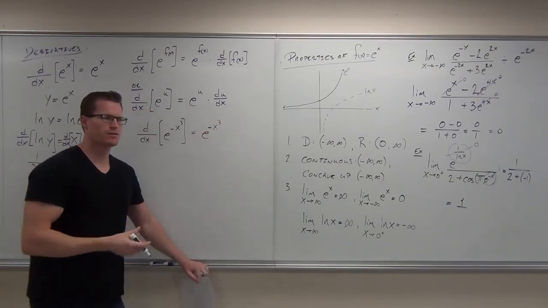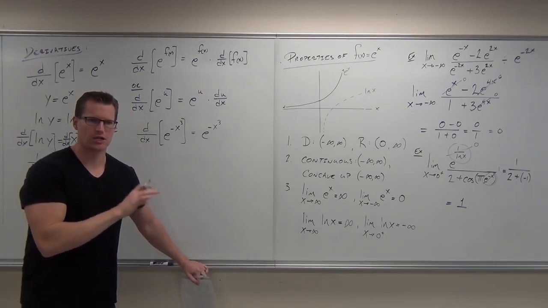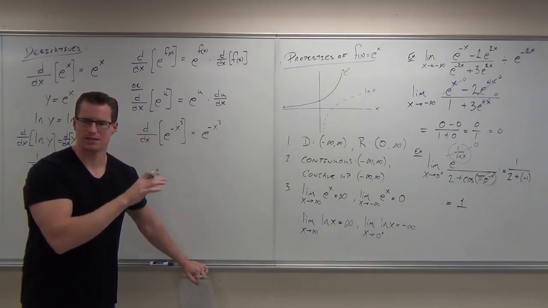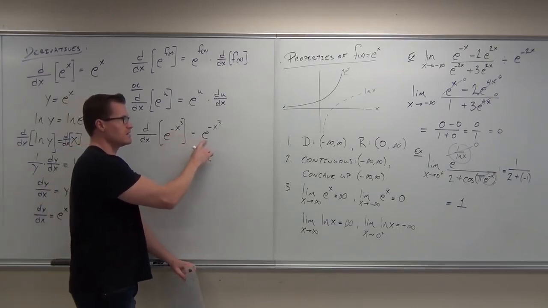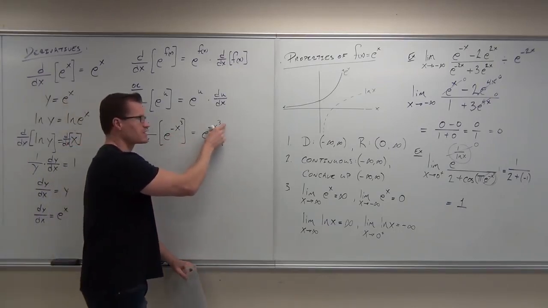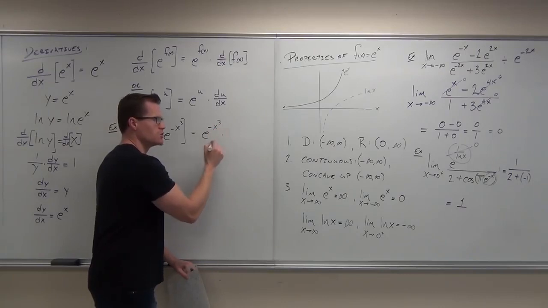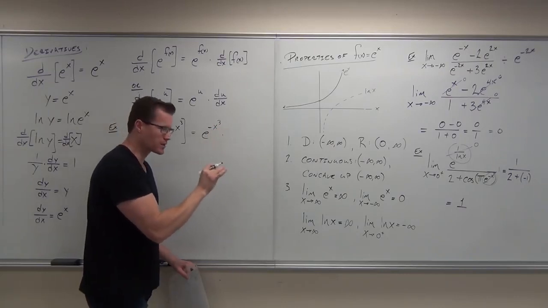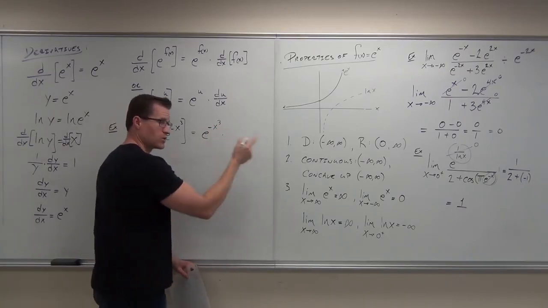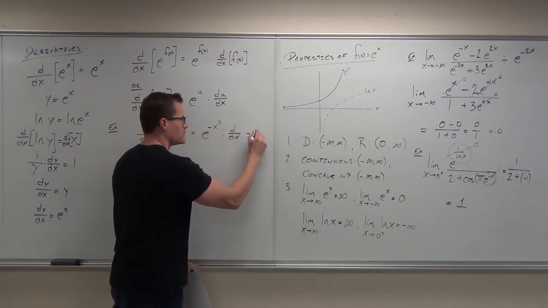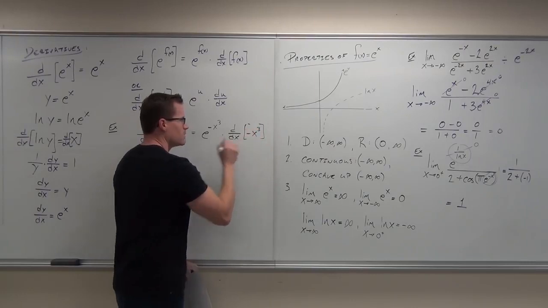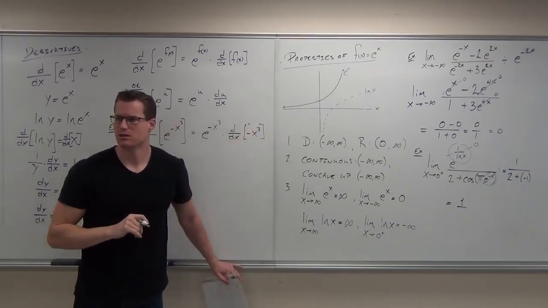When we're taking derivatives of these exponentials, you don't change the function at first. The derivative of e to the x is e to the x. So the derivative of e to the negative x cubed is e to the negative x cubed. But this acts like your u, so do not forget to do what next? Chain rule, that's right. The derivative of negative x cubed, can you guys do that?